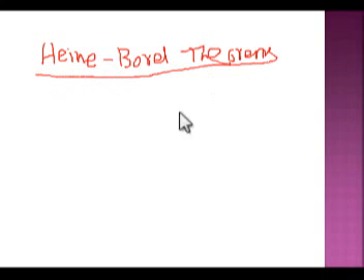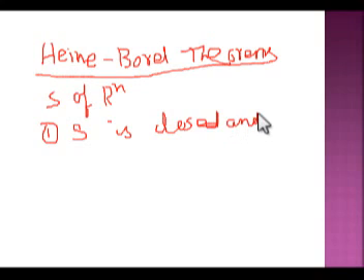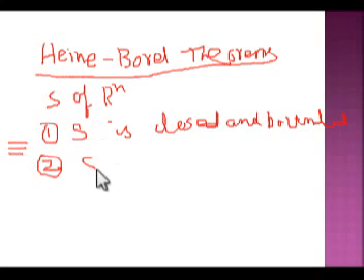So what does the Heine-Borel theorem state? It states that if we take any subset S of the real numbers or Euclidean space Rn, then two properties are equivalent: one, S is closed and bounded, and another, S is compact.